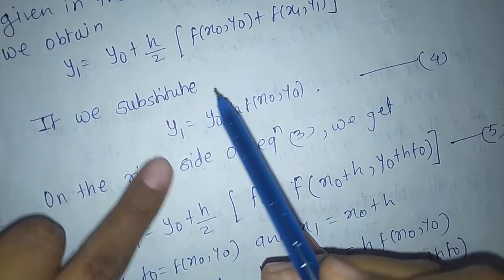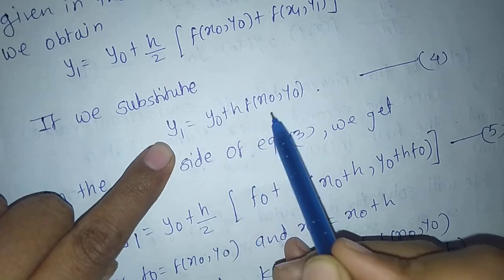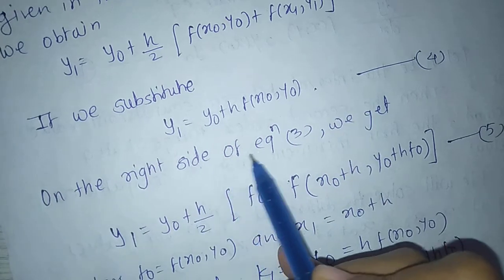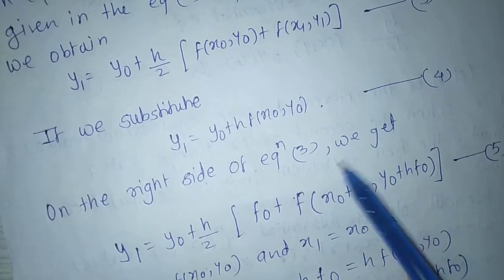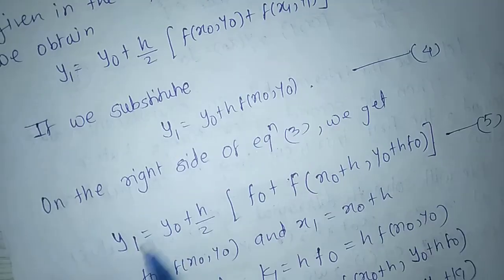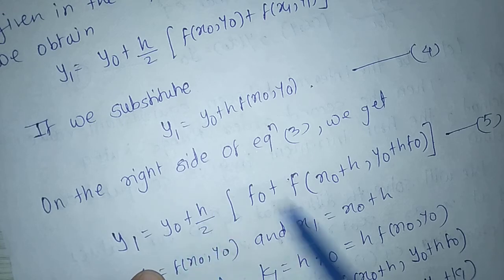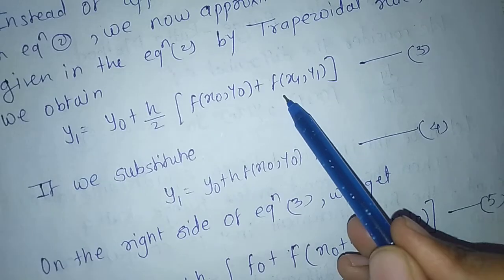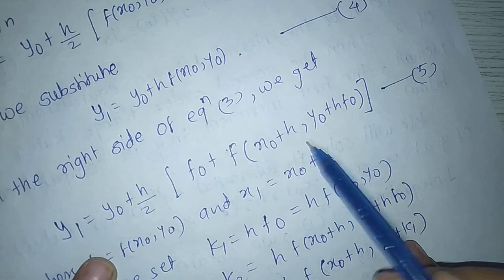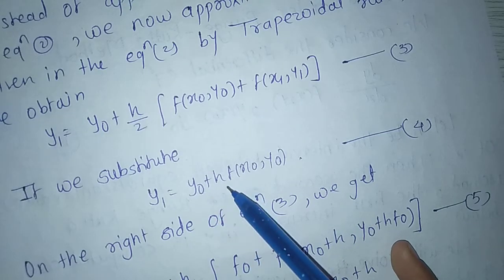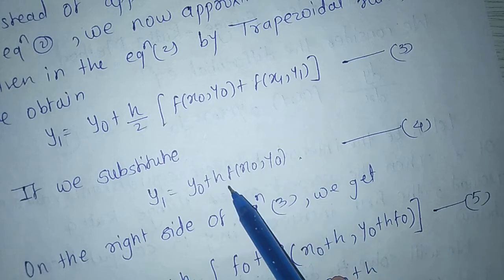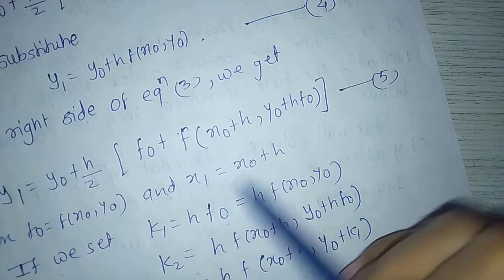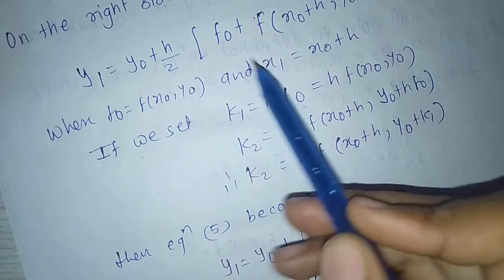If we substitute y1 equal to y naught plus h f of x naught, y naught on the right side of equation 3, we get y1 equal to y naught plus h upon 2 into f naught plus f of x1, which is x naught plus h, and y1, which is y naught plus h into f of x naught, y naught, and f of x naught, y naught is f naught, meaning y naught plus h f naught, given as equation number 5, where f naught equal to f of x naught, y naught and x1 equal to x naught plus h.